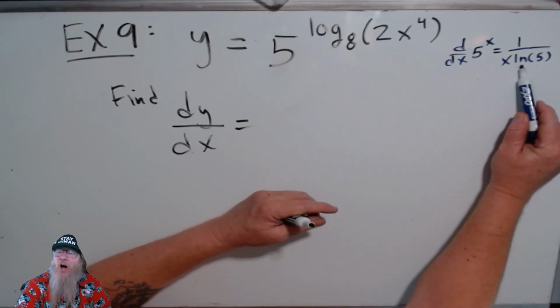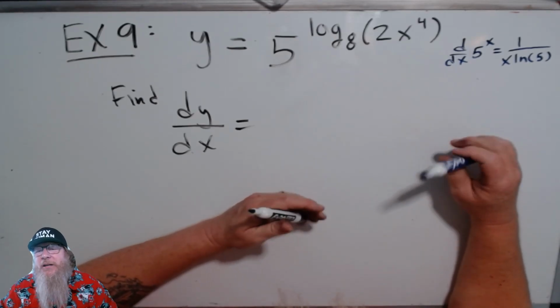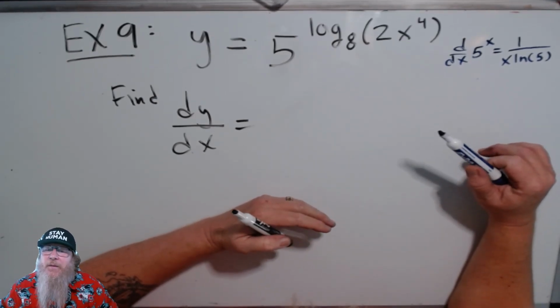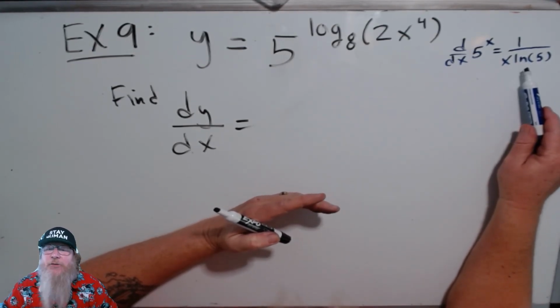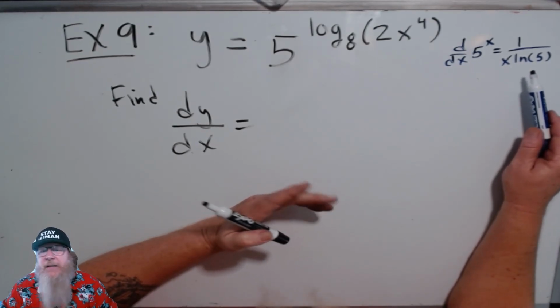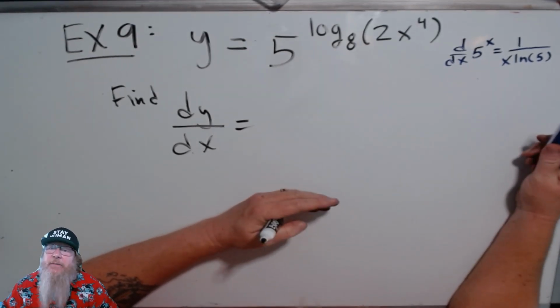Occasionally, I'll write log 5. I have unresolved issues from 30 years ago when I was in college. I had a professor who wrote log, but they actually meant natural log. They told the whole class that we just have to get used to it, and so we got used to it.